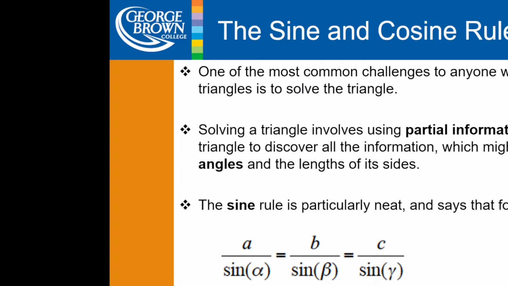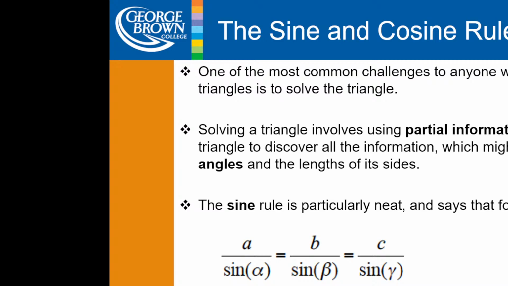So this is a relationship between the angle and the opposite side, the opposite leg, if you will. And what we're saying is there's a ratio that we can figure out. If we know a lot of this information, we can figure out the rest. That's very, very important to know.